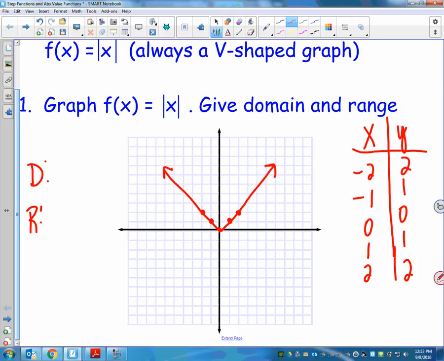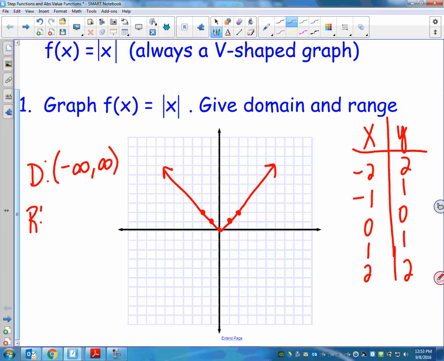Is there anything x can't be in this problem? Can I plug in any number I want for x? I can plug in negatives, positives, fractions, decimals. Which means if x can be anything, what do I write for my domain? All real numbers, right? I think the best way to write all real numbers is negative infinity to infinity.